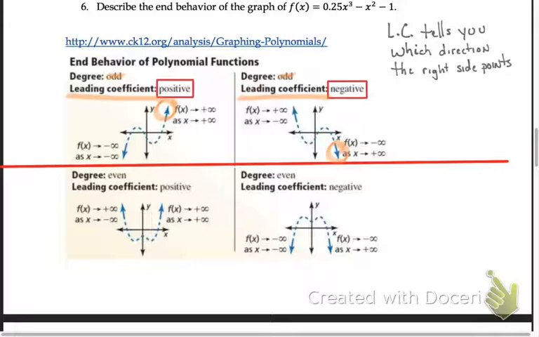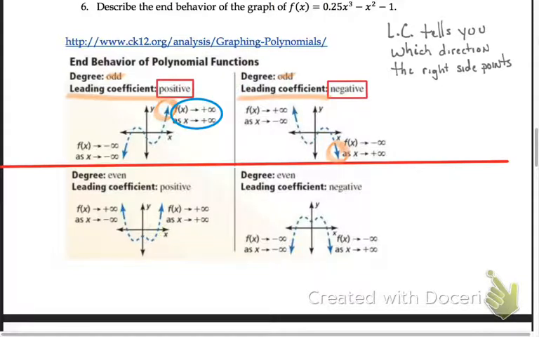Now, the notation, this is the hardest thing to get students to understand. All it means is, which way is positive infinity? Whenever I'm talking about my y value, up. Which way is negative infinity? Down.